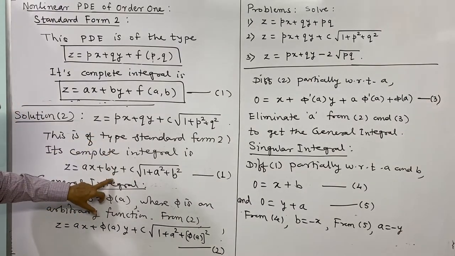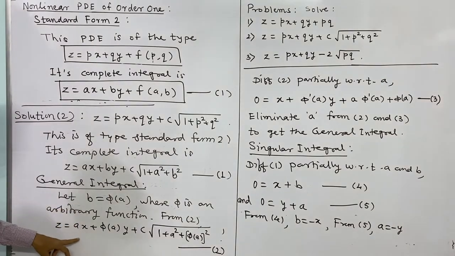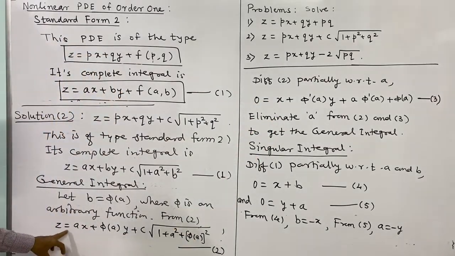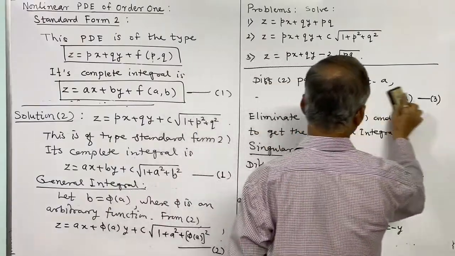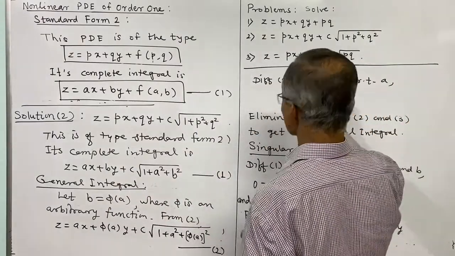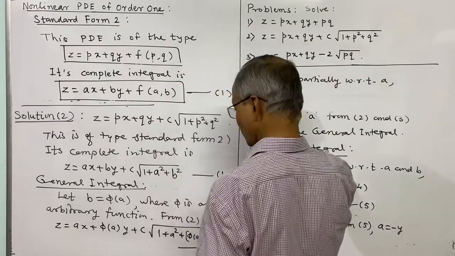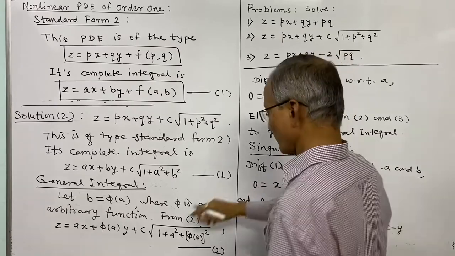This is the complete integral, we give number 1, and for the next it is the second equation. So now differentiate 2 partially with respect to a, and then what we will get is 0 is equal to x plus phi dash a into y, this one.